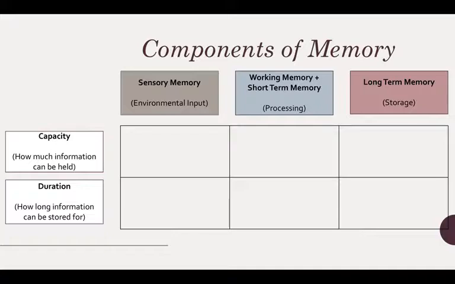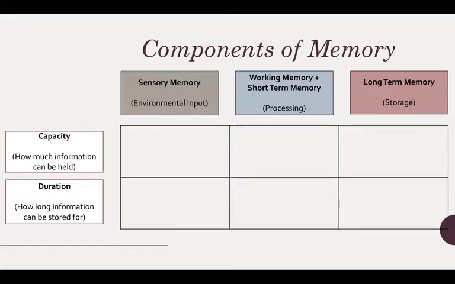As I said before, whenever we're talking about IP theory, we're talking about 3 core memory systems: sensory memory, working memory, and long-term memory. In addition to being able to compare the function of each of these memory systems, so what they do in terms of processing information or storing information, the way we can think about the potentiality of these memory systems is by examining their capacity and duration.